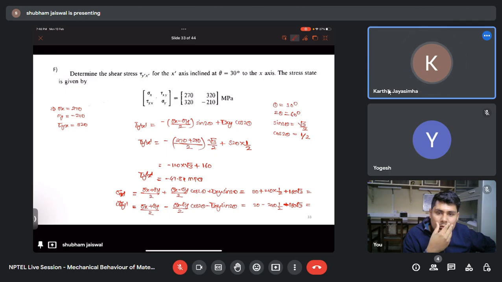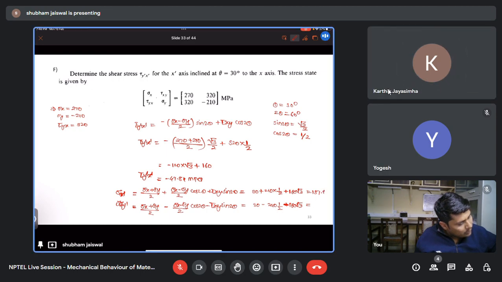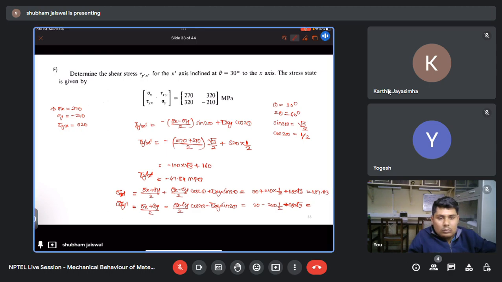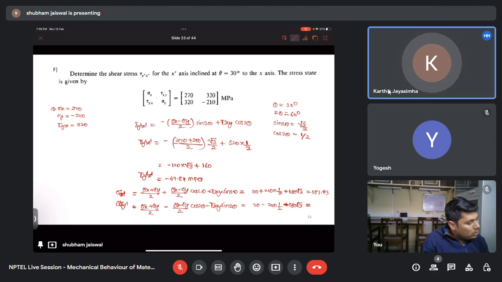Sir, sigma x prime is 187.13. And sigma y prime, 240 means 120, 150, 160 into root 3, that is minus 127 point.